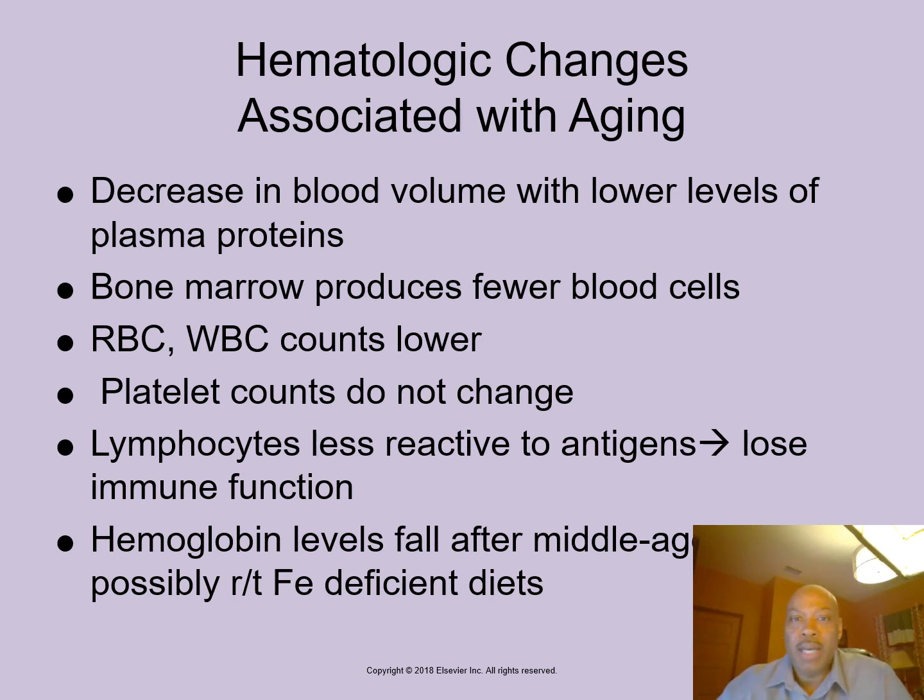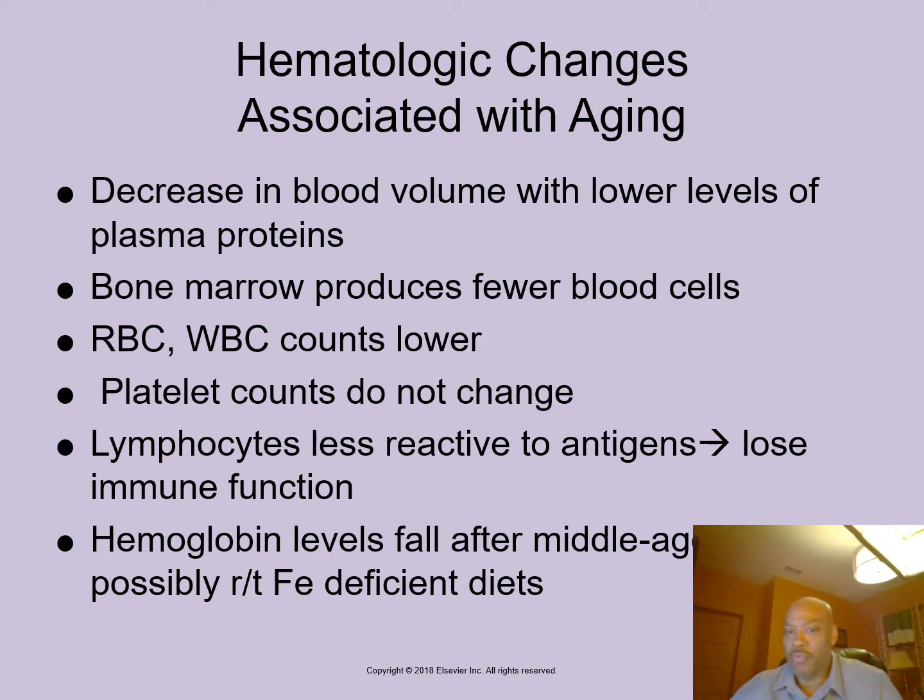Antibody levels and responses are lower and slower, so the immune response is impacted. White blood cells do not rise during infection like they do in the younger population. The bone marrow also produces fewer blood cells. Red blood cell and white blood cell counts are lower. Platelet counts do not change. That's about the only one that doesn't change. Lymphocytes are less reactive to antigens.